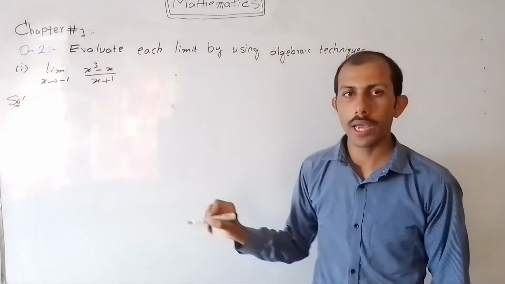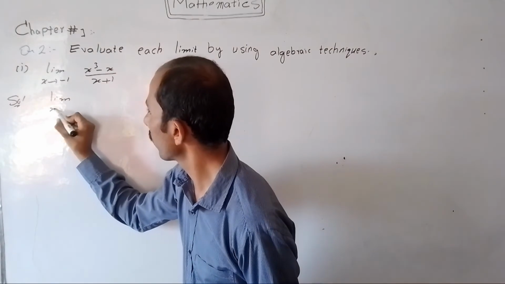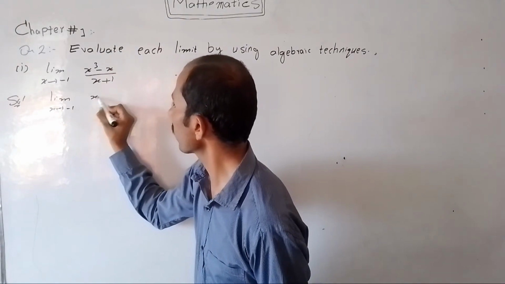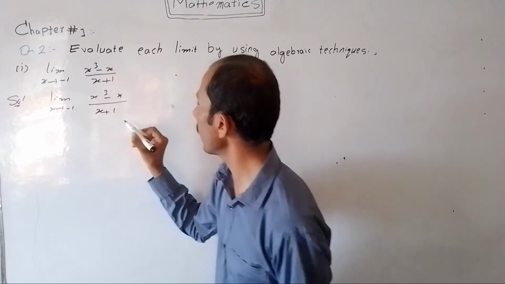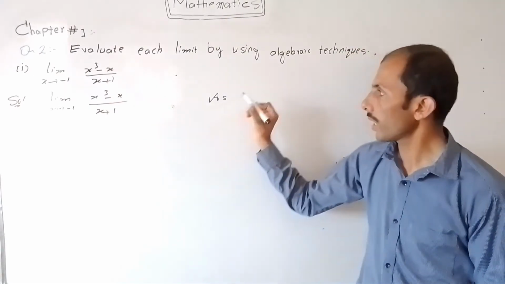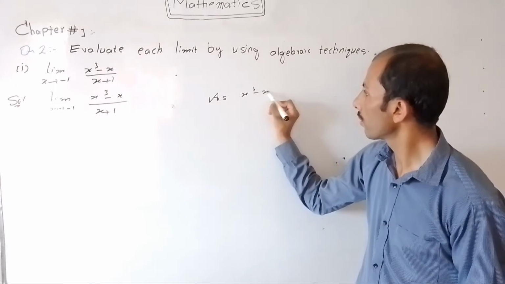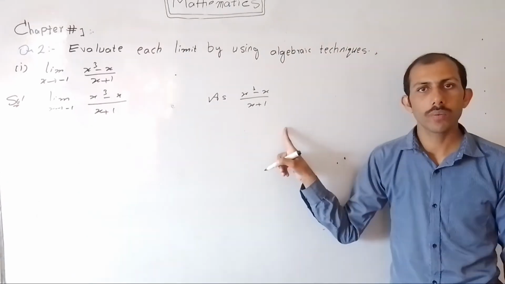First, limit x approaches to minus 1, x cube minus x divided by x plus 1, as x cube minus x divided by x plus 1 is of 0 by 0 form.